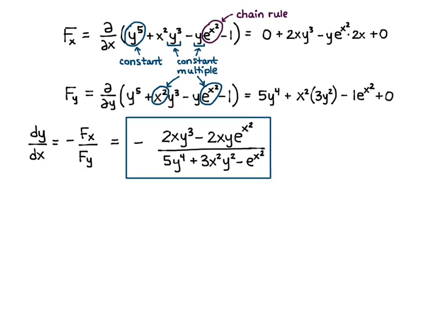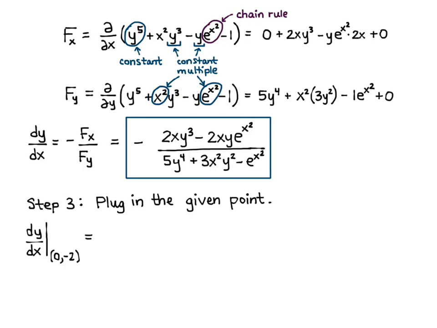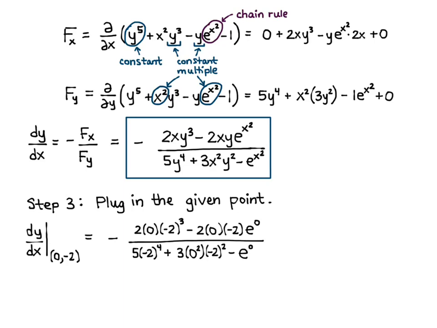Now our final step, step 3, is plug in the given point. So dy/dx at the point (0, -2) equals negative out front 2 times 0 times (-2) cubed minus 2 times 0 times (-2) times e to the 0 over 5 times (-2) to the fourth plus 3 times 0 squared times (-2) squared minus e to the 0.